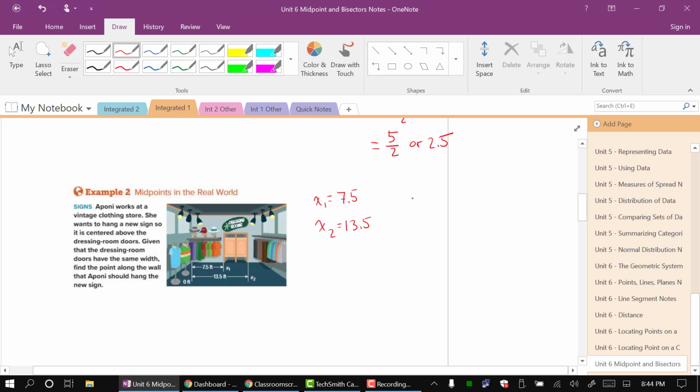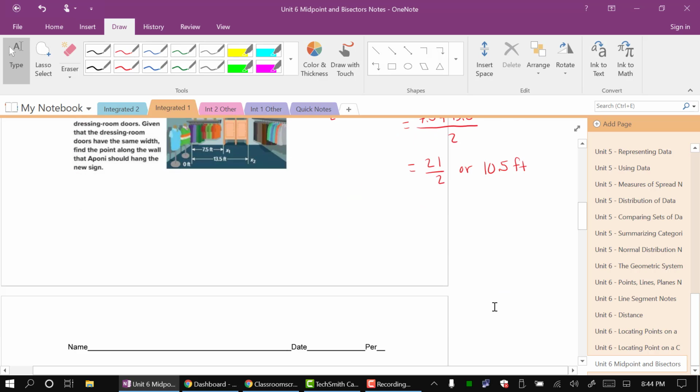So what we're going to do is x1 plus x2 divided by 2. That's our midpoint. So 7.5 plus 13.5 divided by 2. When we add these two together, we get 21 divided by 2, or 10.5 feet. So we'll put the new sign at 10.5 feet.